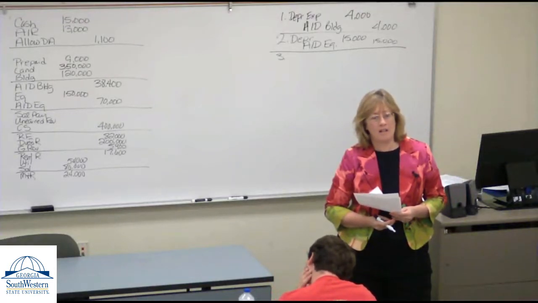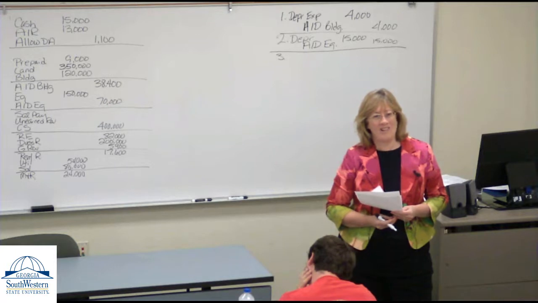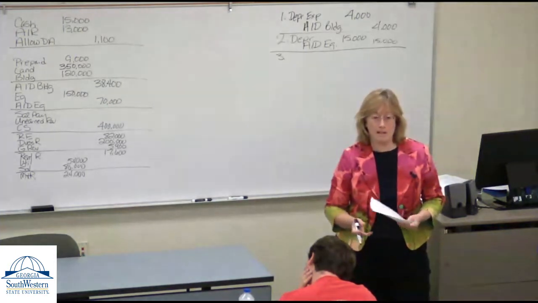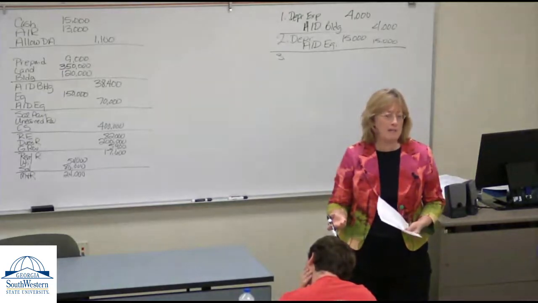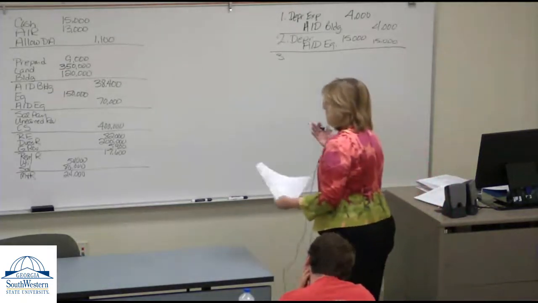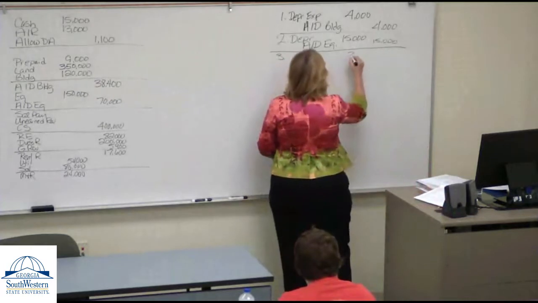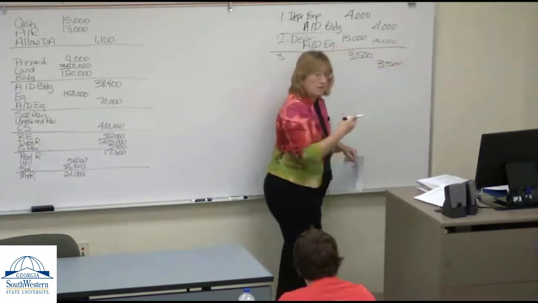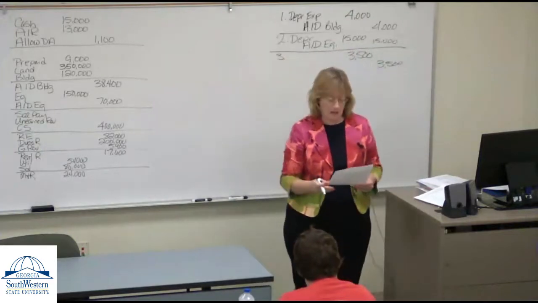That means that a certain amount of their prepaid insurance expired during that year. So it was used up, right? So in other words, they gave us the answer of how much. 3,500 is our amount that we're going to make the entry for. Am I right on that? Okay.